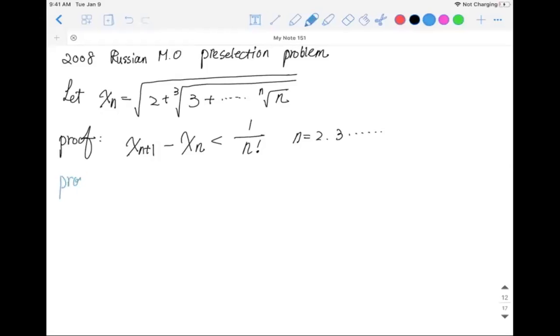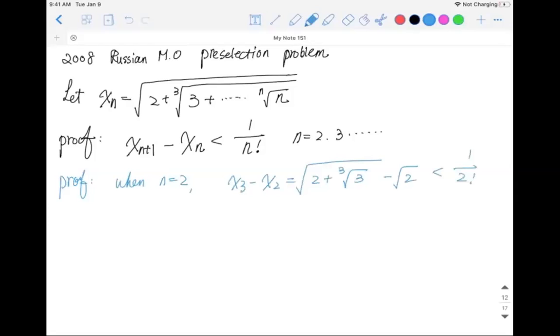Proof: when n is equal to 2, you're going to find x3 minus x2. That one is easy, you can just plug in the values. It's the square root of 2 plus, I think, the cube root of 3, minus the square root of 2. That is actually less than 1 over 2 factorial. So it's not a big deal whatsoever.